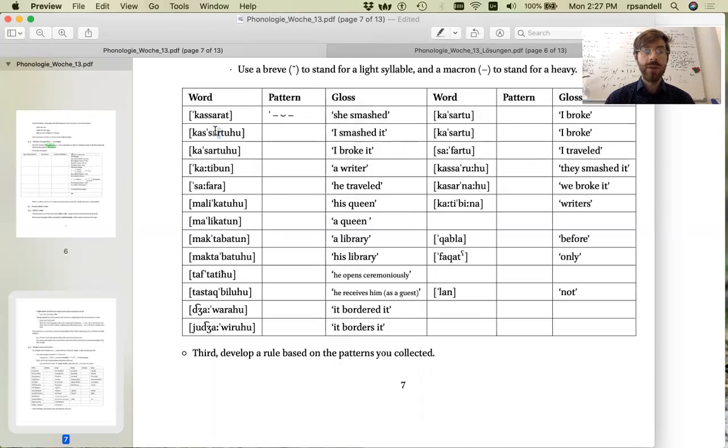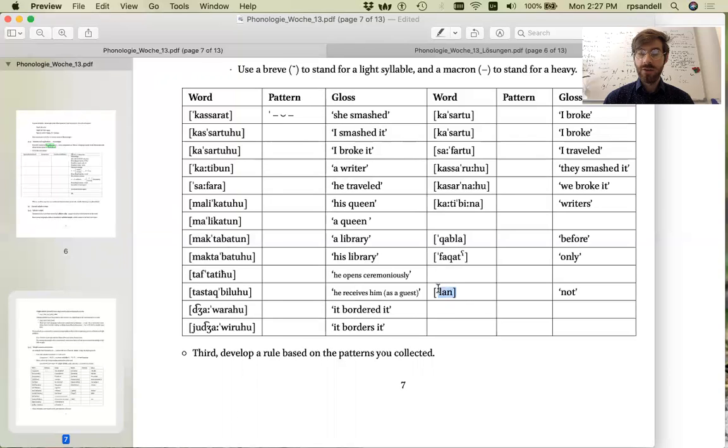And in both of those cases, the penultimate syllable is a light syllable. So the syllable sa and the syllable tu are both light syllables. And it seems if we compare these two words, that the weight of the last syllable doesn't really matter. It can be either heavy or light.